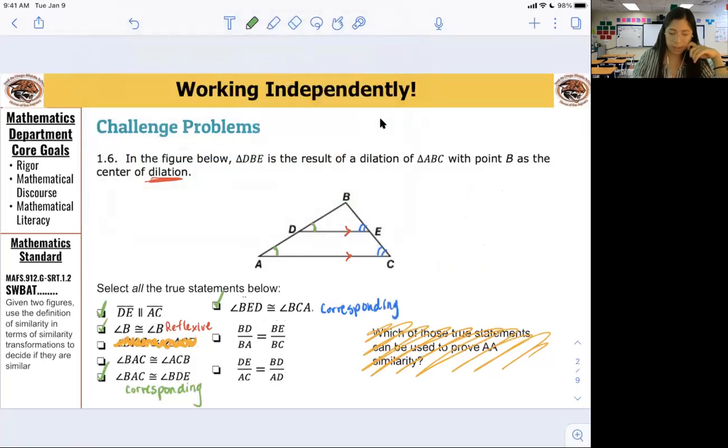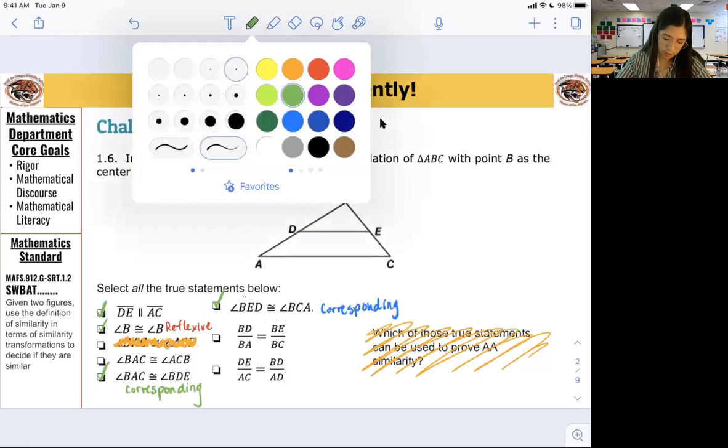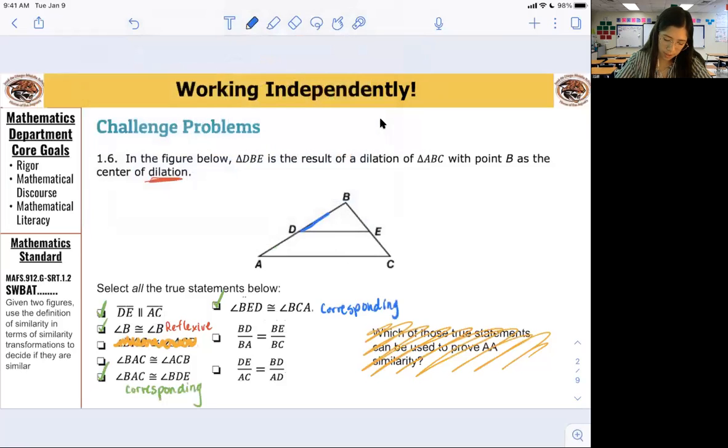Now here's where we were kind of disagreeing. So let's take a look. BD over BA equals BE over BC.